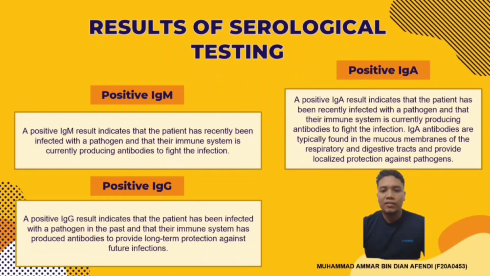Positive IgA. A positive IgA result indicates that the patient has been infected with a pathogen and that their immune system is currently producing antibodies to fight the infection. IgA antibodies are typically found in the mucous membranes of the respiratory and digestive tract and provide localized protection against pathogens.